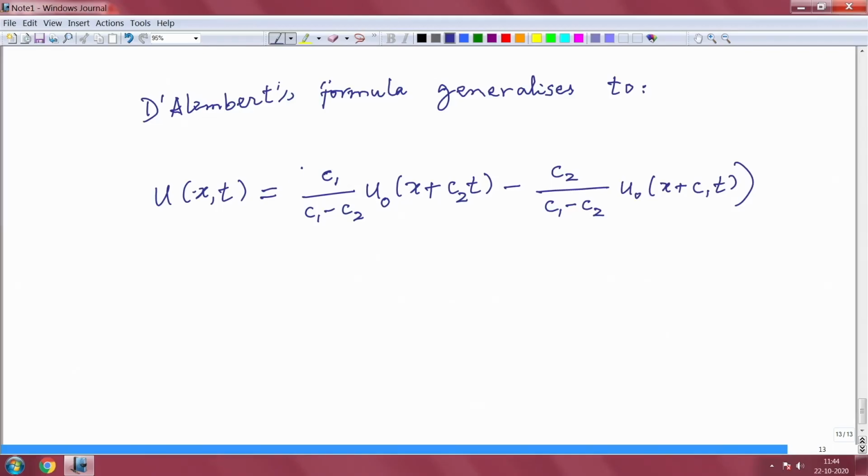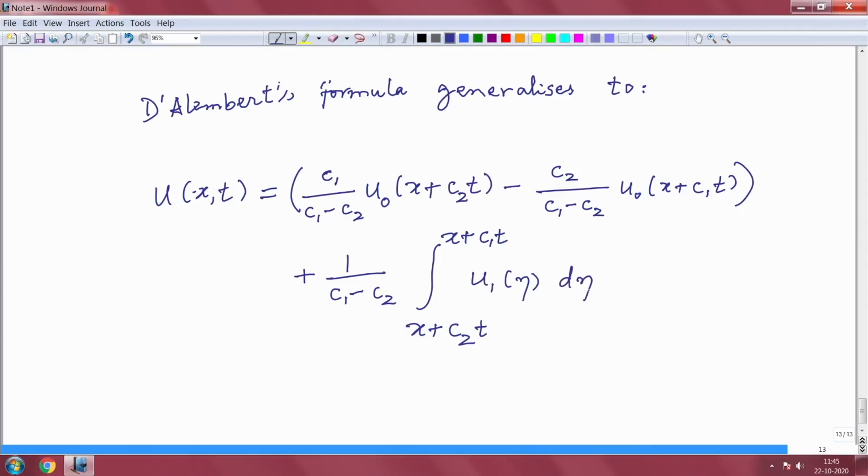Okay. So, this is the first term, and then the integral term is given by 1 by C1 minus C2 times the integral from x plus C2t to x plus C1t of u1(eta) d eta. Okay.